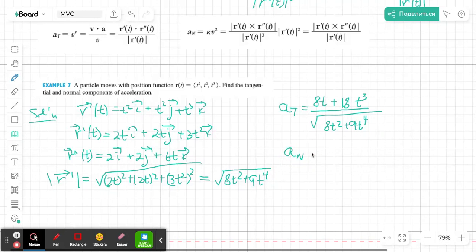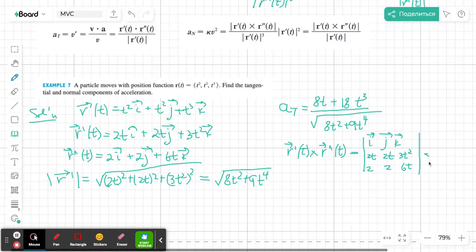For a sub n, we are going to find the cross product of r prime of t cross r double prime of t. One of the ways is to find the determinant of the matrix i, j, k, and then we write down r prime: 2t, 2t, 3t squared, and then r double prime: 2, 2, 6t.